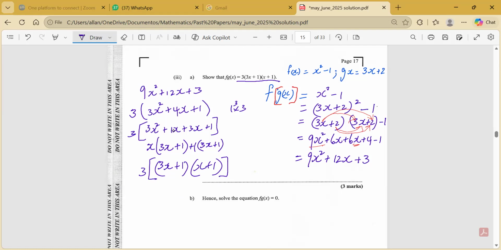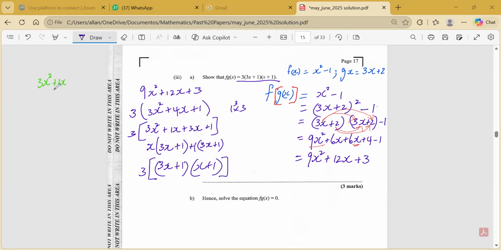You can't remember how to factorize it. I forget. Right, it's not a good thing. So it's 3x squared plus 1x.